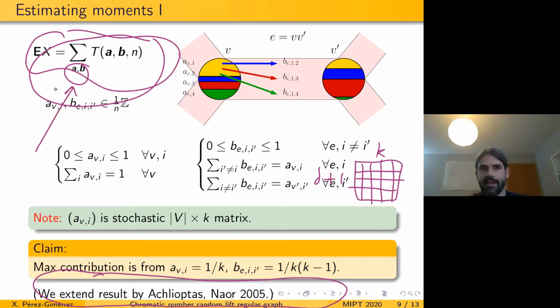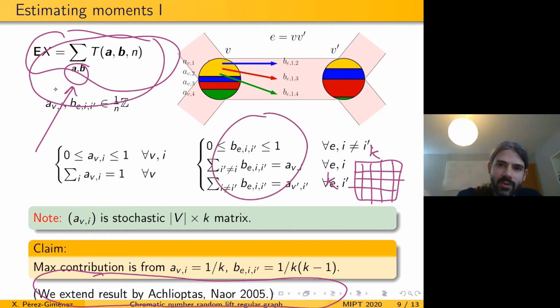The fun fact as well is that their optimization problem arises when they're computing a second moment. So their K by K matrices, in some sense, arise when looking at pairs of colors. They're keeping track of how many vertices are colored with a certain color for coloring 1 and a certain color for coloring 2.